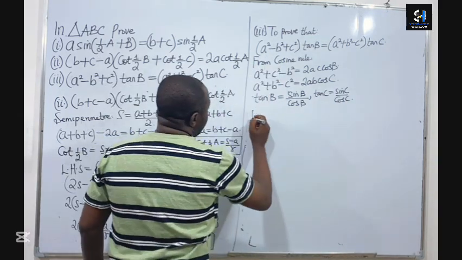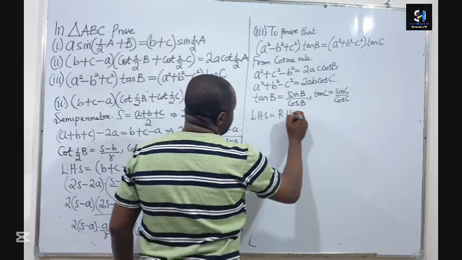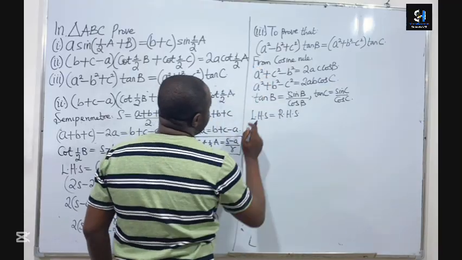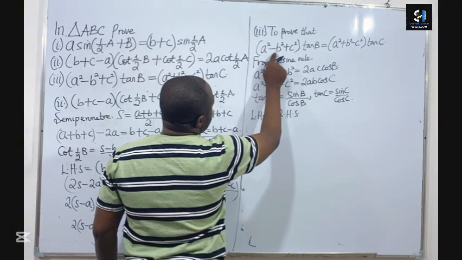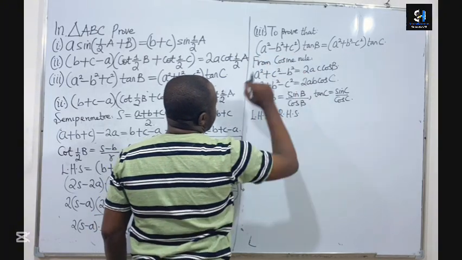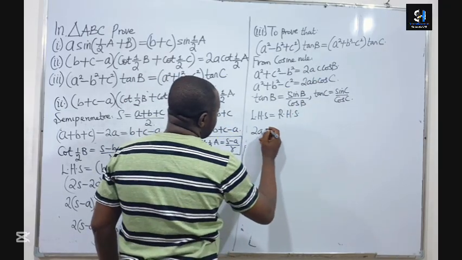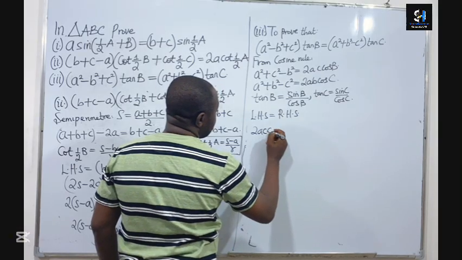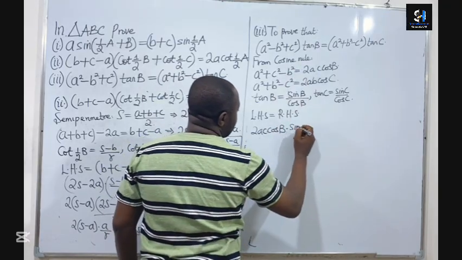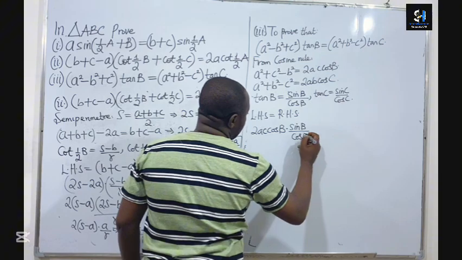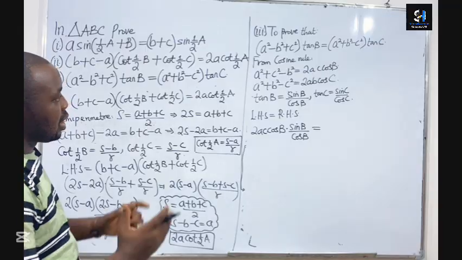So now we have that the left hand side is equal to the right hand side. From the left hand side we have parentheses a squared minus b squared plus c squared multiplied by tan B, and that is 2ac cos B, then multiplied by tan B, which is sine B over cos B. I don't want to do it one after the other.